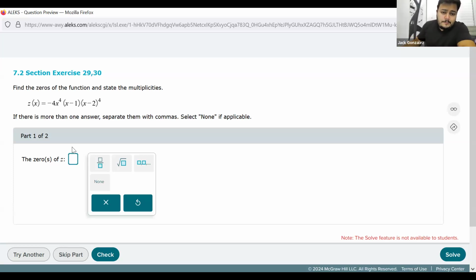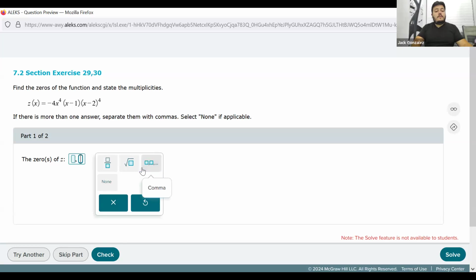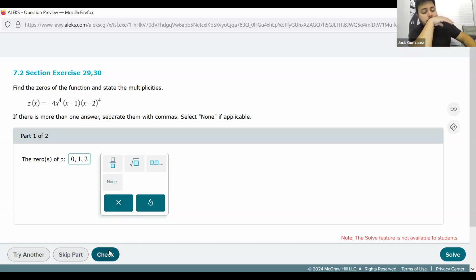Okay, so it wants the zeros. You should be able to see the zeros by looking at it or setting it to 0. If we plug in 0 right there, we get a 0. If we plug in 1, we get a 0. If we plug in 2, we get another 0.